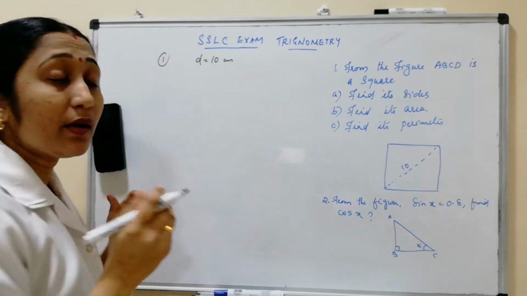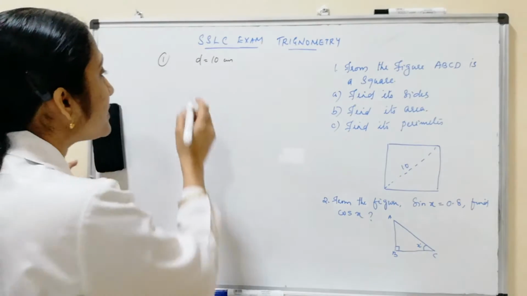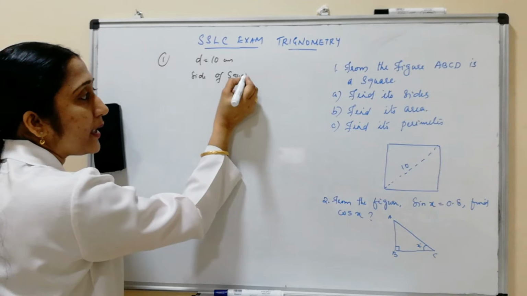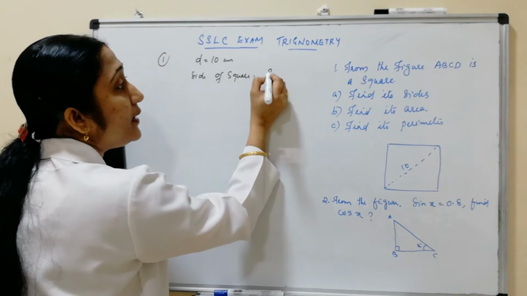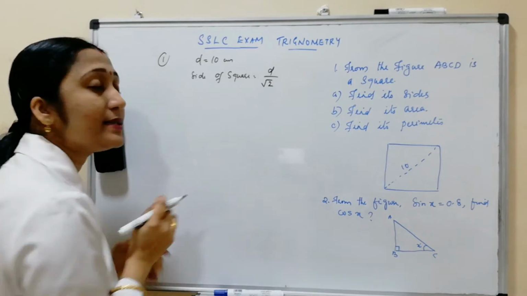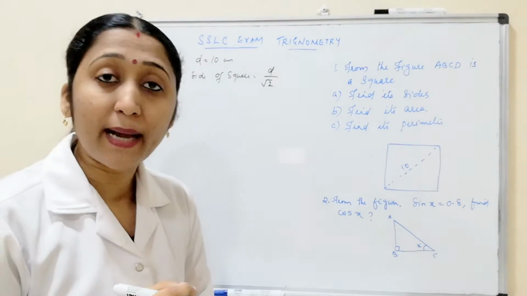To find the side of a square, side equals D by root 2.